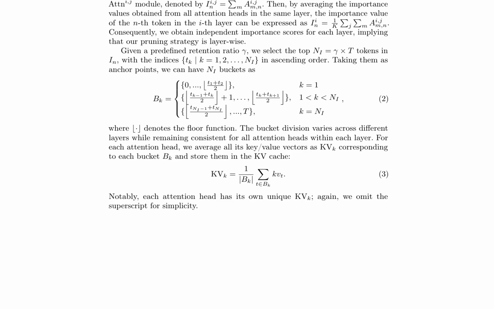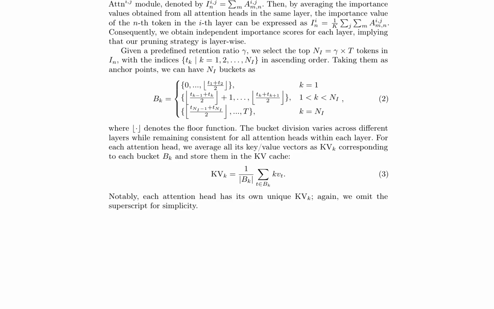A predefined retention ratio gamma is used to select the top N_i = gamma T tokens, with indices t_k, k = 1, 2, ..., N_i, in ascending order. These tokens serve as anchor points for N_i buckets, defined by the bucket division equation 2.